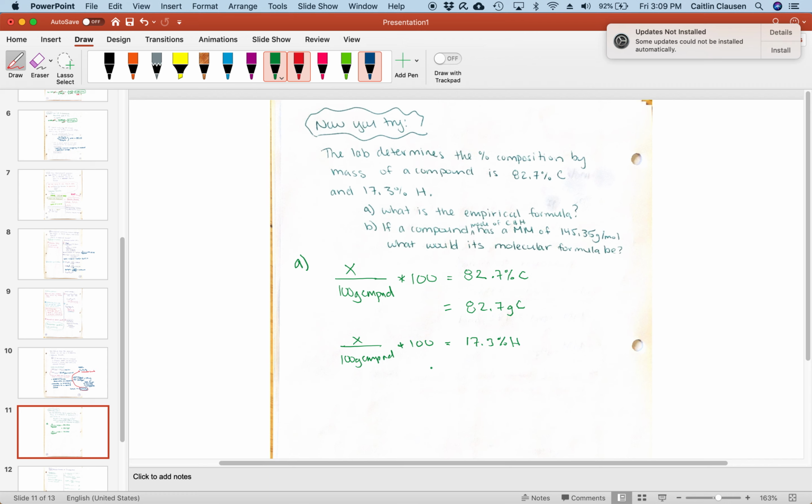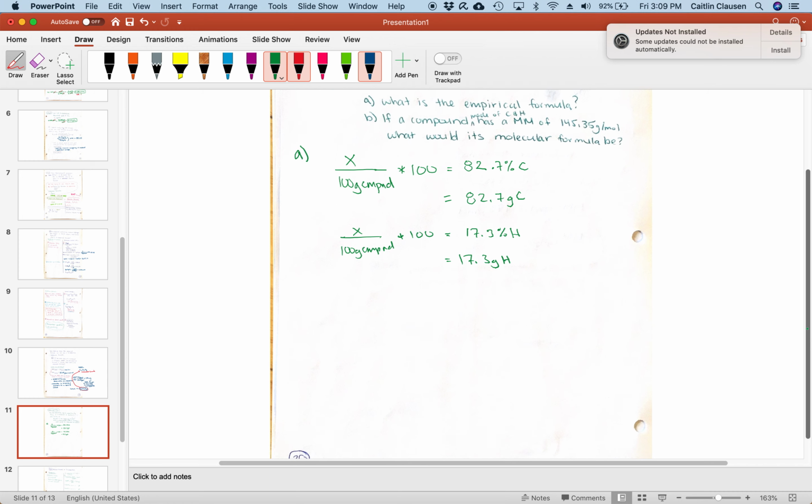17.3% hydrogen, which should be 17.3 grams of hydrogen. Then I can convert these grams of hydrogen and grams of carbon into moles using their molar masses.